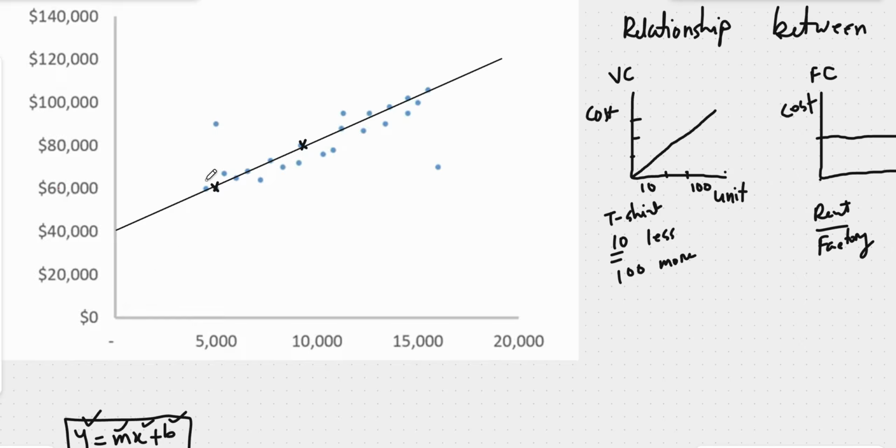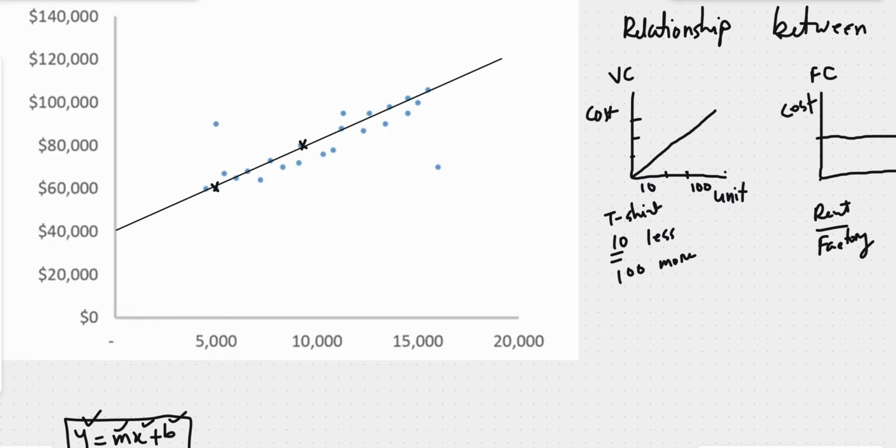Okay, you can take any of them, but make sure that you are taking 2 points that will give you a slope, right? Now here, what do we have? On the x-axis we have number of units, and on the y-axis we have how much it cost to make those units.